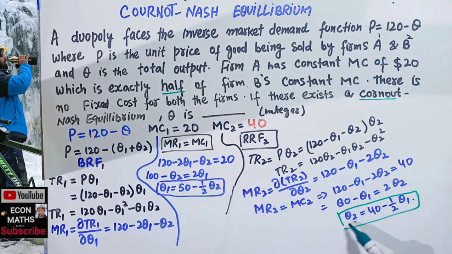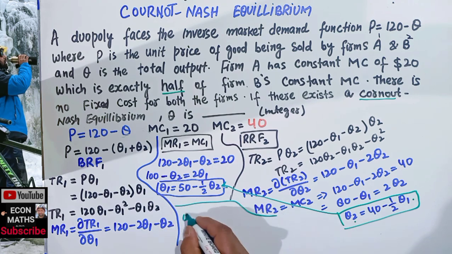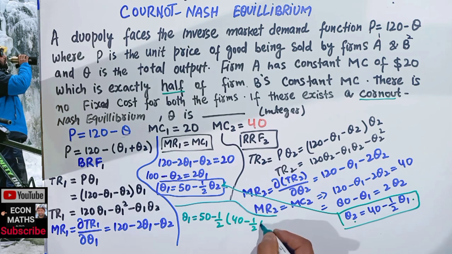Now Q1 is equal to this, Q2 is equal to this. Simply plug the value of Q2 into this function, or the value of Q1 here, it is one and the same thing, to find Q1 and Q2. So our Q1 will be equal to 50 minus 1/2 of Q2, and Q2 is 40 minus 1/2 Q1. Solving, Q1 will be equal to 50 minus 20 plus 1/4 Q1.